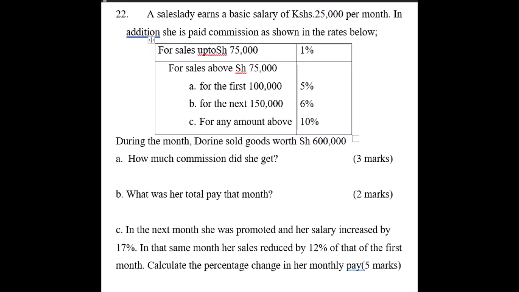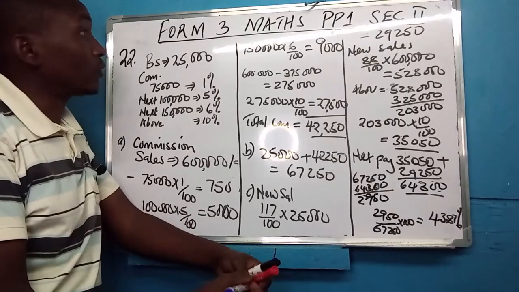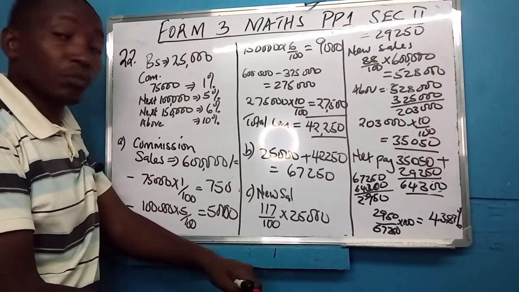Then you go ahead and get the total pay the lady got within a month. Part C, you're told that in the following month, her salary was increased by 17%, but the total sale decreased by 12% compared to the first month. So calculate the percentage change in her monthly earning or monthly pay. It is a question on commercial arithmetic, especially on commission.